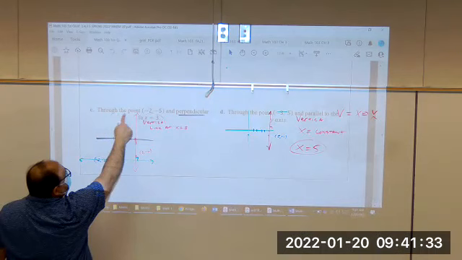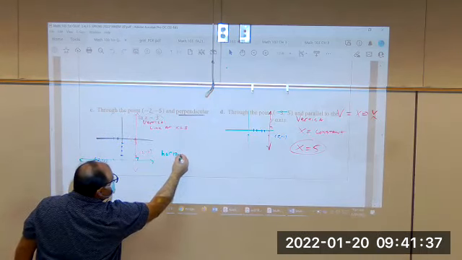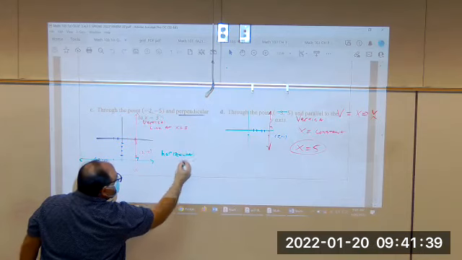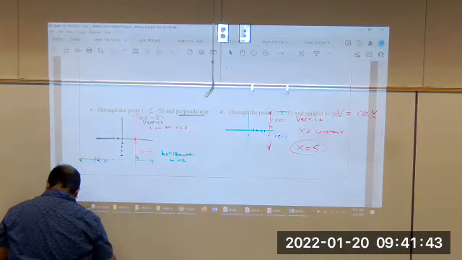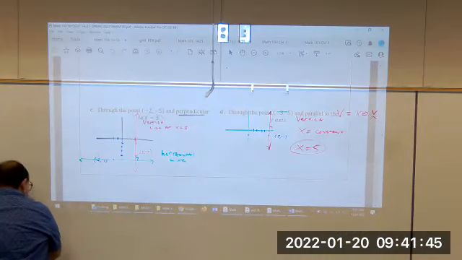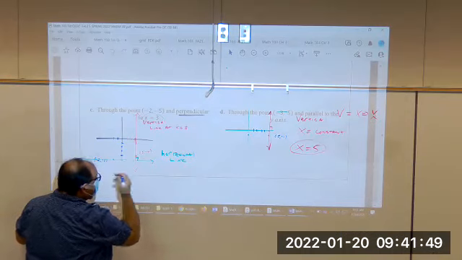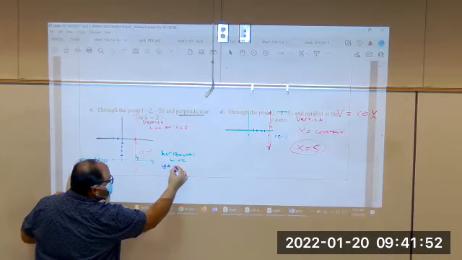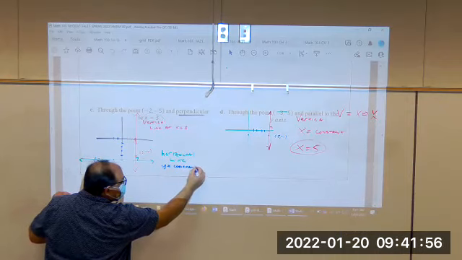So this is describing a horizontal line. And if it's horizontal, the H goes hand in hand with an upside down H, which looks like a Y. So Y equals a constant or a number.